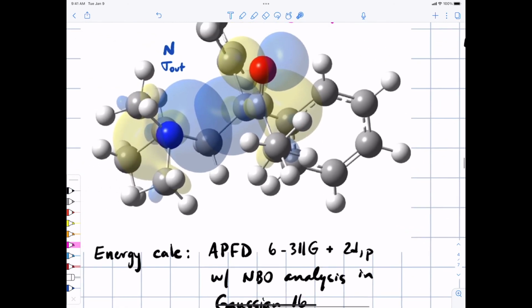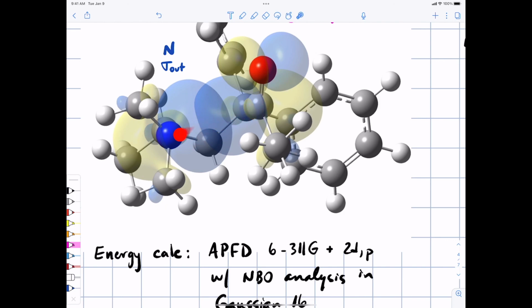What I'm showing you here is the sigma out associated with the nitrogen. This would be the lone pair on the nitrogen, and this is the pi star of the carbonyl. And this area here is like a Venn diagram where they overlap, suggests that the lone pair on the nitrogen is already donating into the carbonyl.